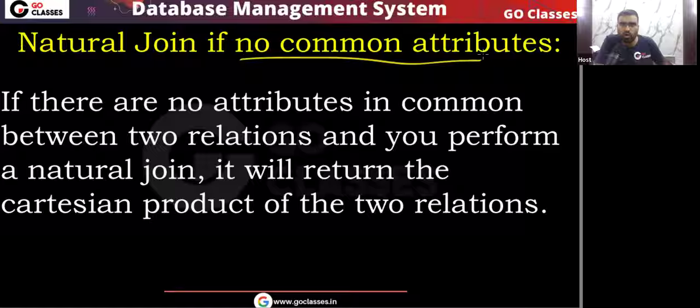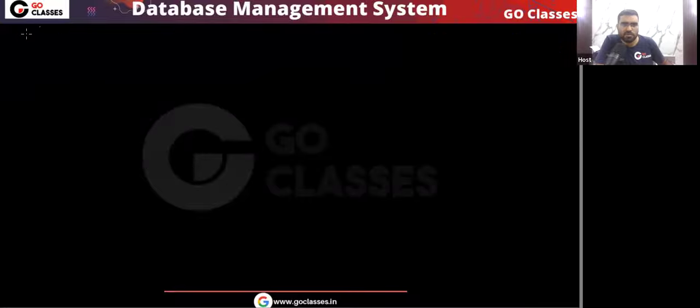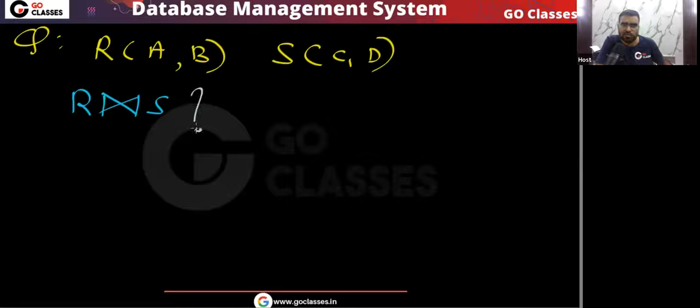Now, if there is no common attribute, then what will happen? My question is, let's assume you have R with attributes AB, and S with attributes CD. Now you tell me what will be the result of R natural join S, because there is no common attribute?